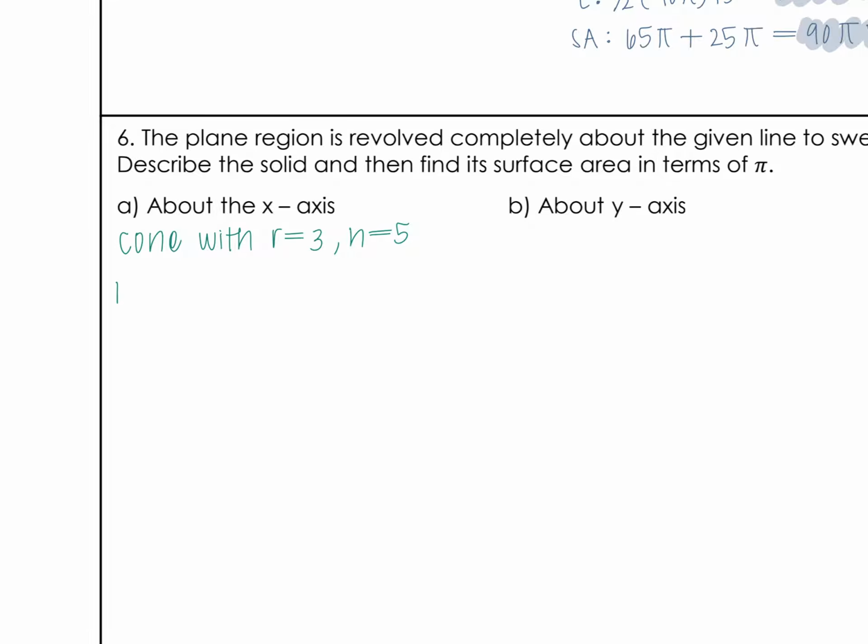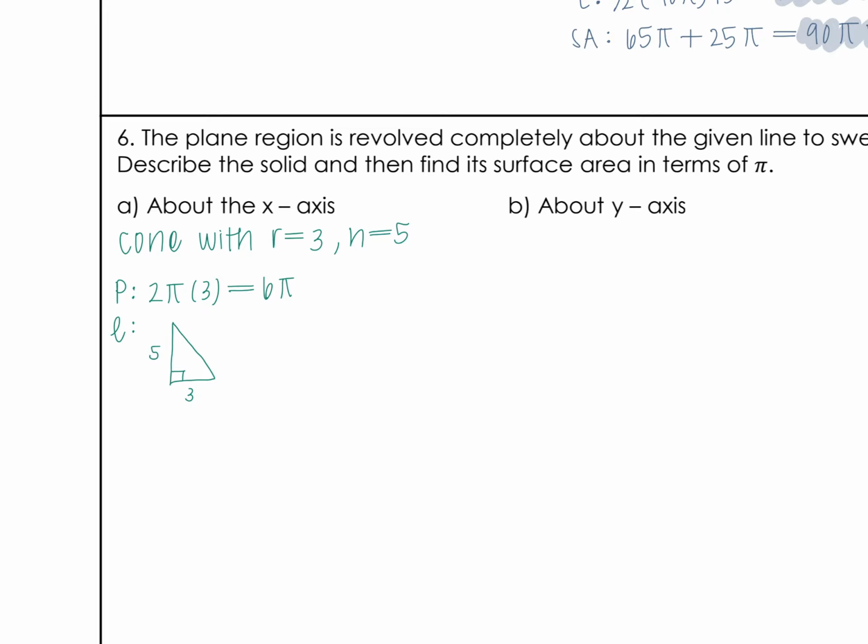Okay, so finding my P, we have our 2 pi r, so 3, to get 6 pi. Then for my slant height, this is why I wanted that height. It wasn't necessarily going to be my answer, but it's going to help me find my slant height. So remember here you have your height is perpendicular, so that's going to be 5. And then we have our radius of 3 here.